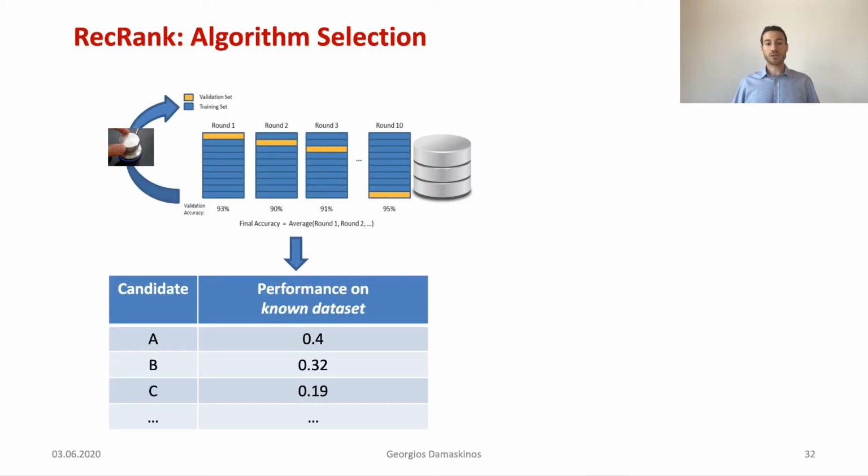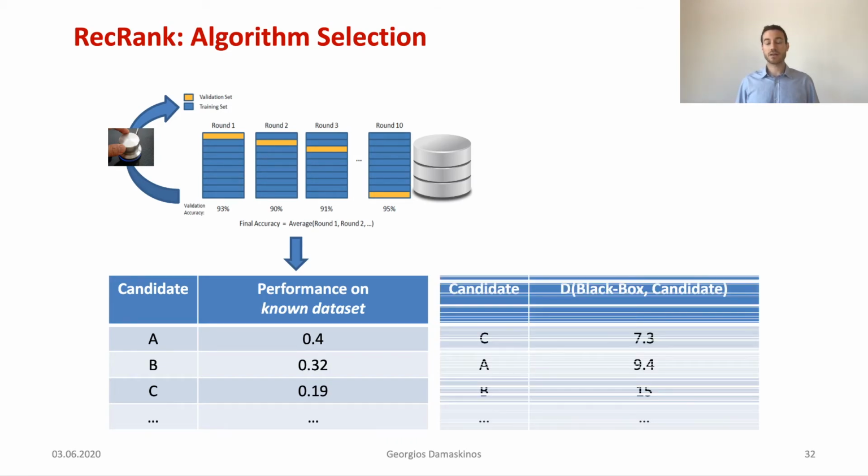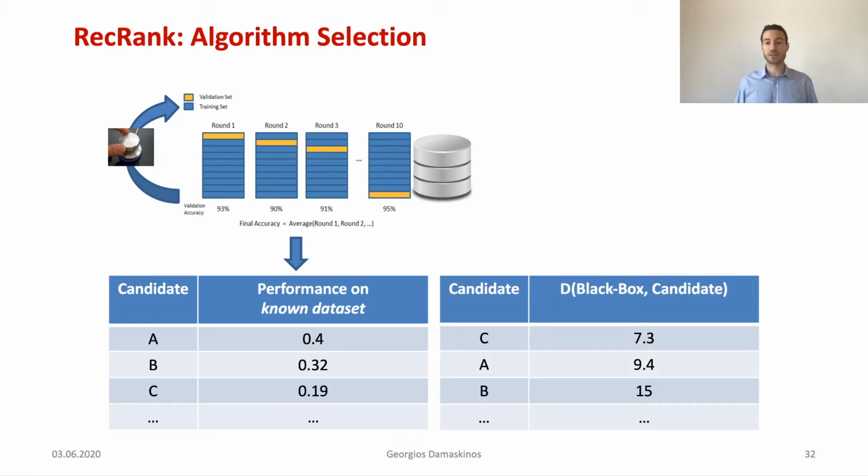So alongside the ranking that we get from doing this cross-validation procedure on our limited initial dataset, we get the ranking based on the distance with the black box. So the final question arises, how much can we actually get from this in practice?